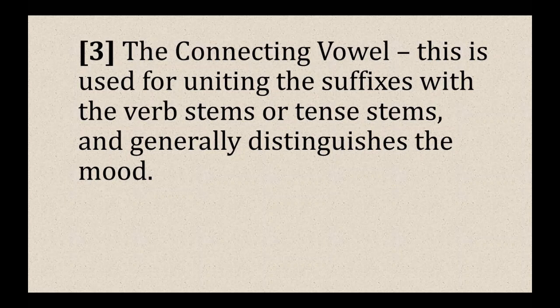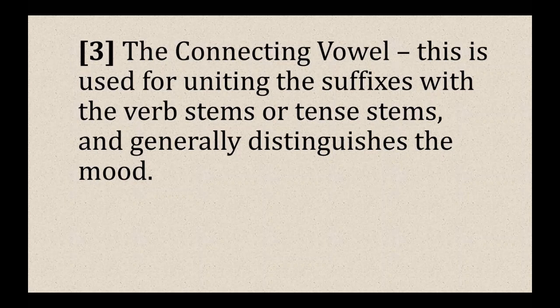So if you look at first person plural, aorist active, sa-men. You have the sigma, the alpha, and then you have the men ending, right? So that doesn't need a connecting vowel because it has the alpha. Essentially, that's what the alpha is.